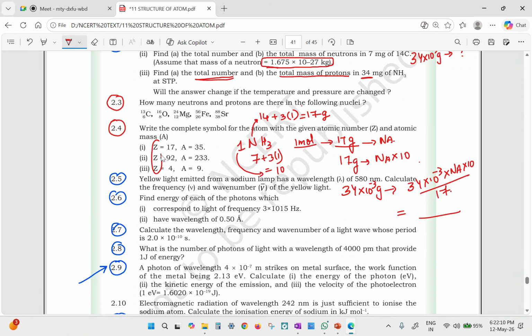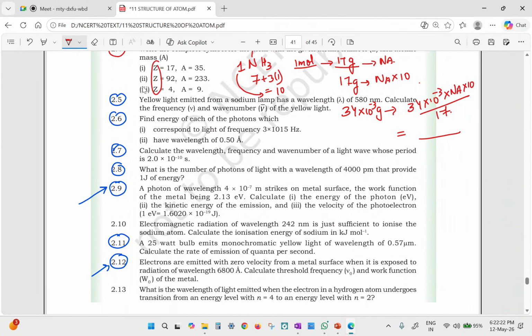Given the atomic number, given the mass number, you can use the periodic table also and find out the element and its symbol. These questions we have already done, 2.5, 6, 7, 8. Last time we did this, that we cannot use the Bohr's model for sodium atom because it is not a one electron system.